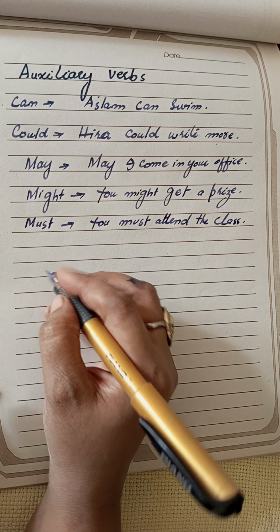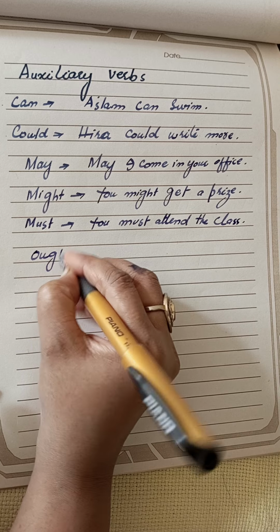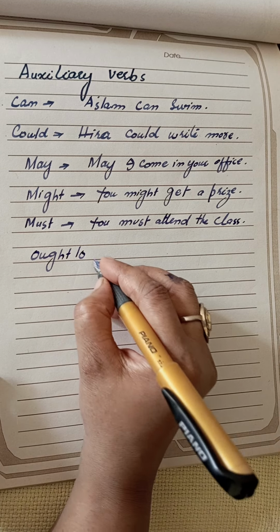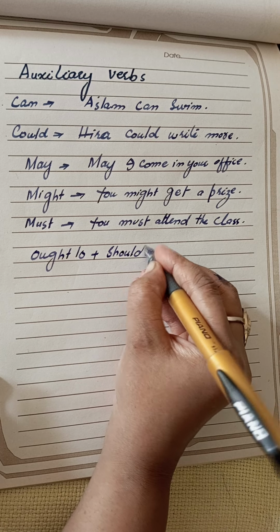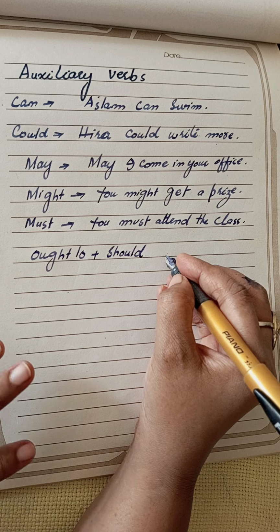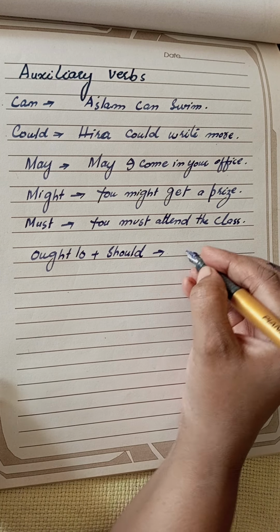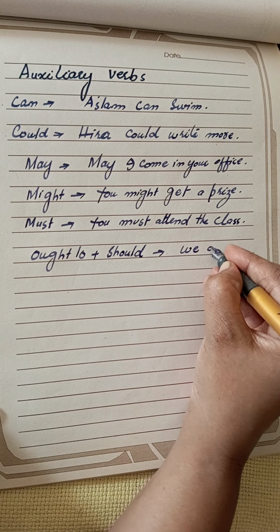Next one is ought to. Ought to and should are both used for advice and obligation. We ought to follow the rules. We should follow the rules.